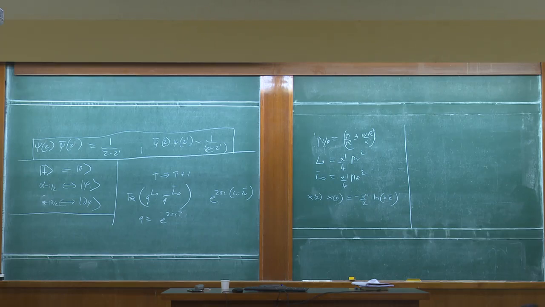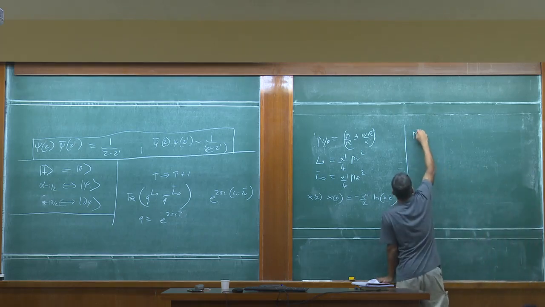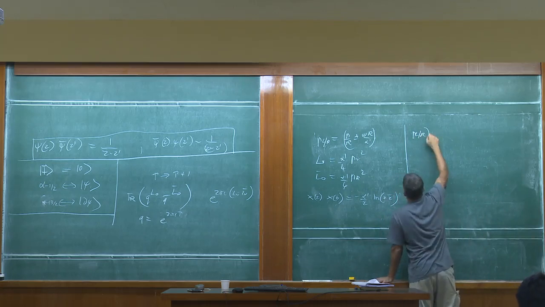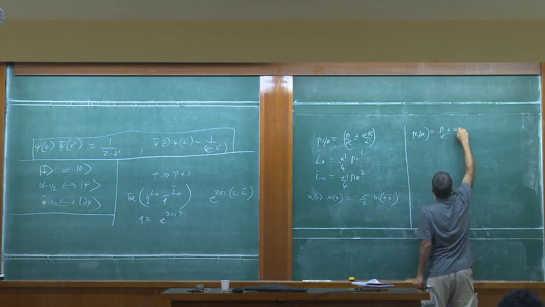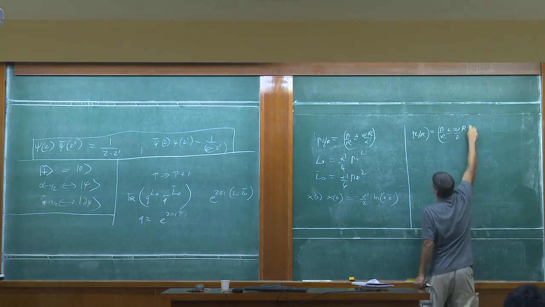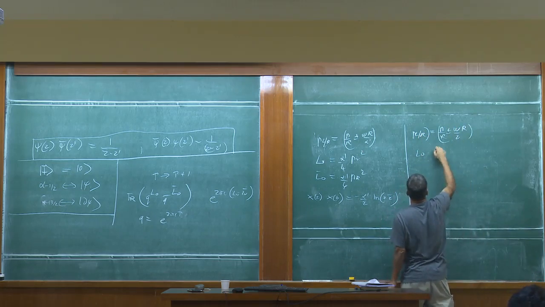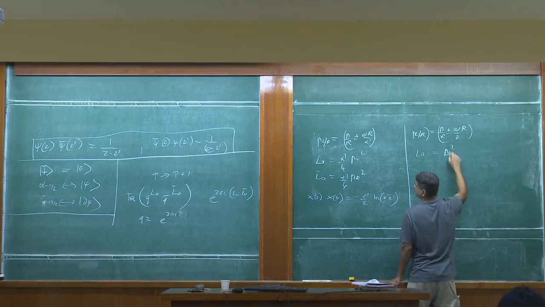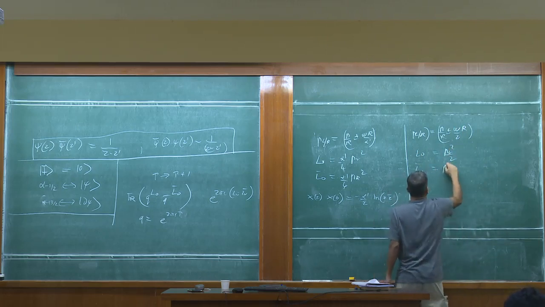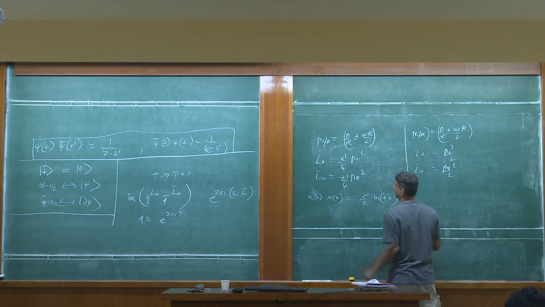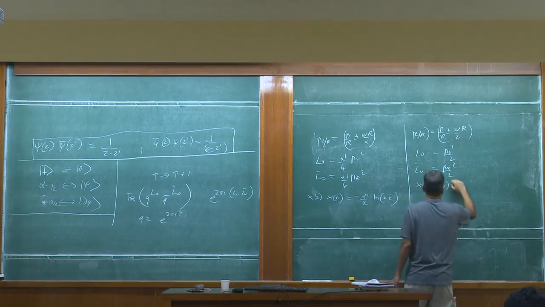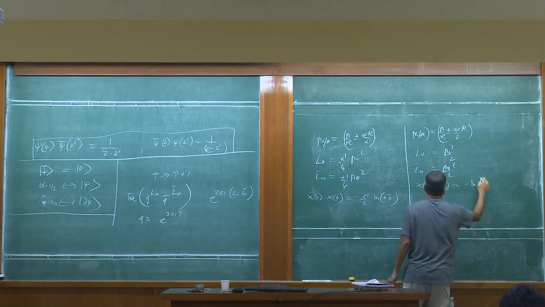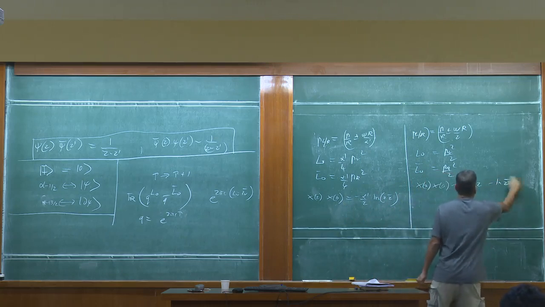So I'll rewrite these formulae at α′ equals 2. We get P_{L,R} equals n/R ± wR/2. L_0 is equal to P_L²/2, L̄_0 is equal to P_R²/2, and ⟨X(z)X(0)⟩ goes like −log z − log z̄.